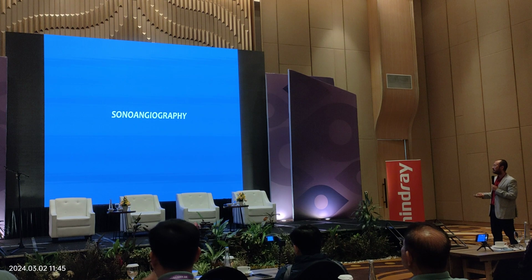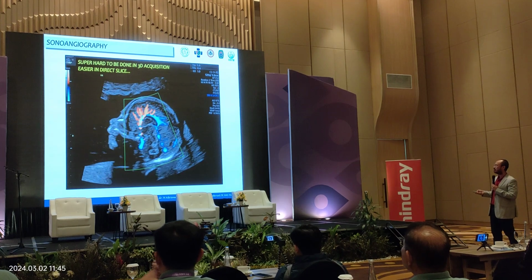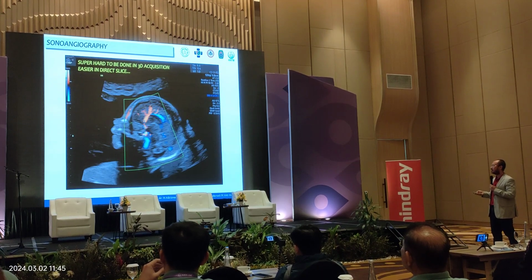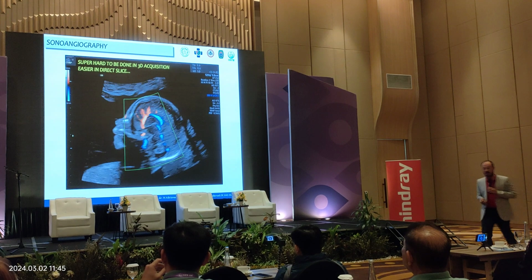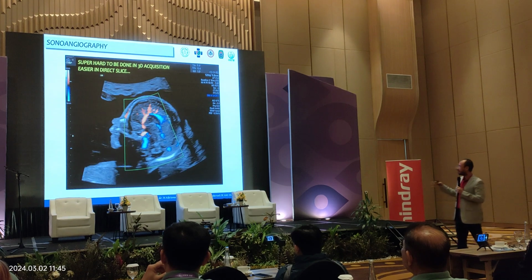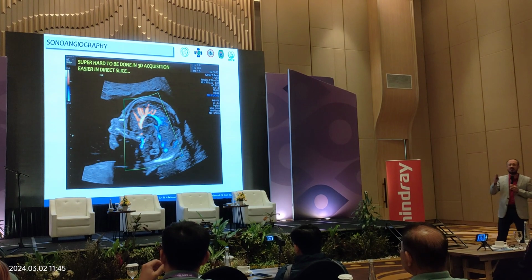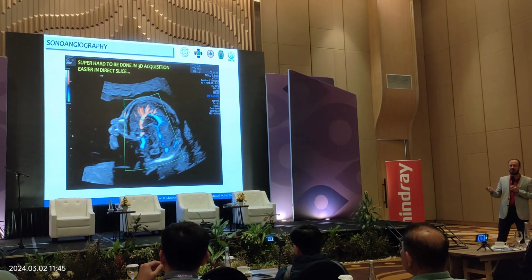Sonoangiography, this is the next chapter after multiplanar tomography. Here we can only see the pericallosal artery, and it's very hard to capture using 3-dimensional. So it must be in a direct 2D plane for sonography.